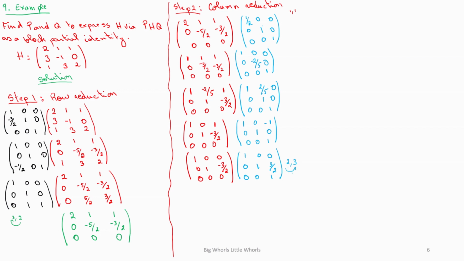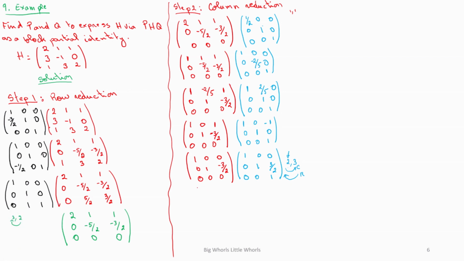That's how multiplying from the right works. Okay, but the row works the other way around. If we multiply from the left, it would have taken row 3 and added to row 2. Is that okay? That's column, that's row. Okay, so let's continue.